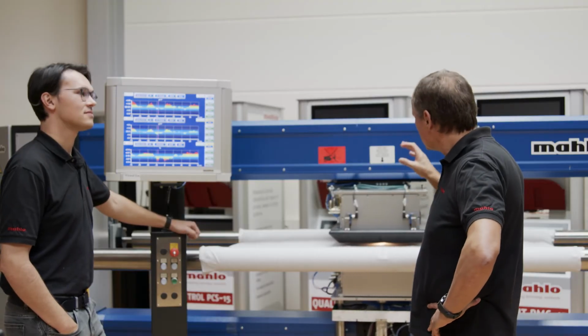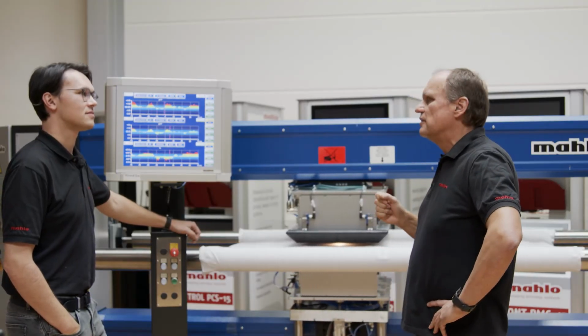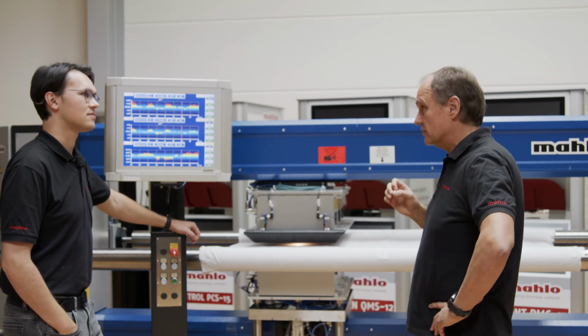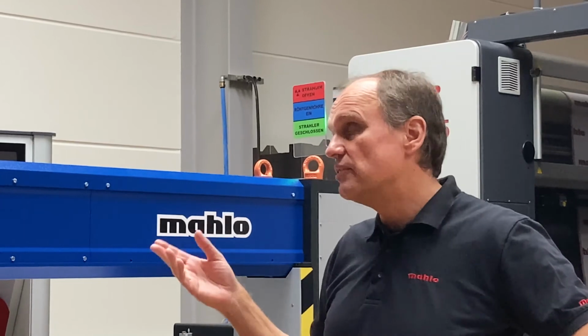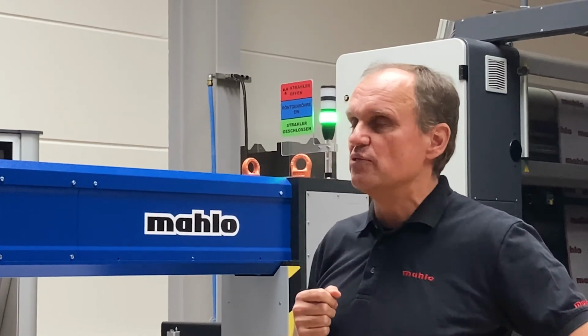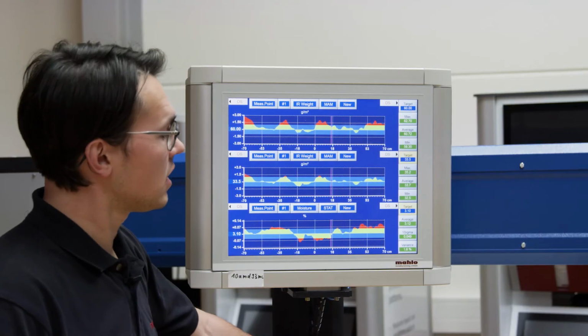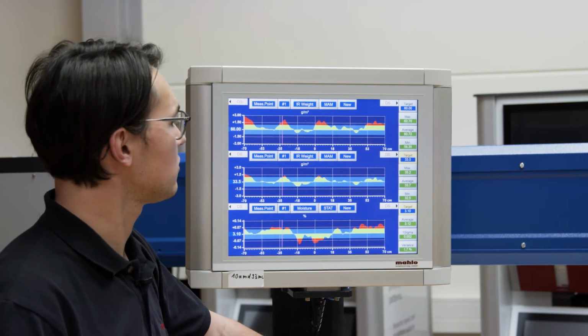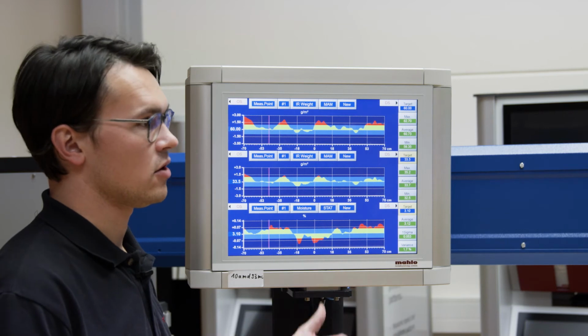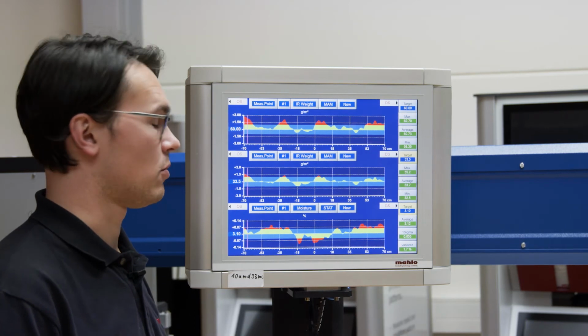Christian, as we know, in one scanner we can use up to 9 channels for all types of measurement. What is typical for the infrared sensor on a nonwoven application? In this case we use 3 channels, like mentioned, for the basis weight, for the fiber content and for the moisture content.